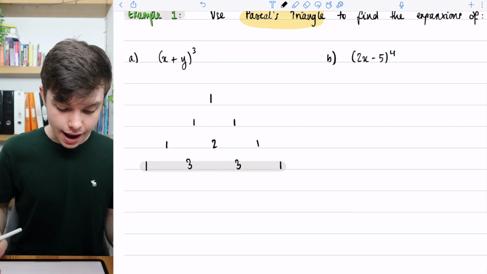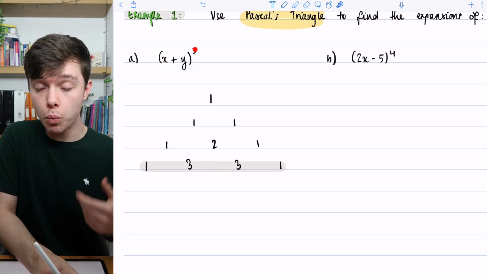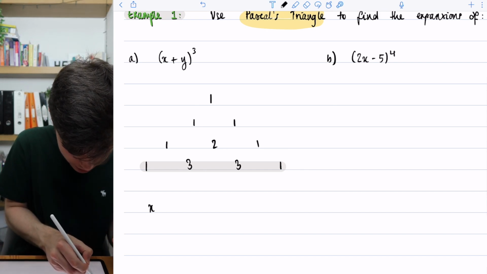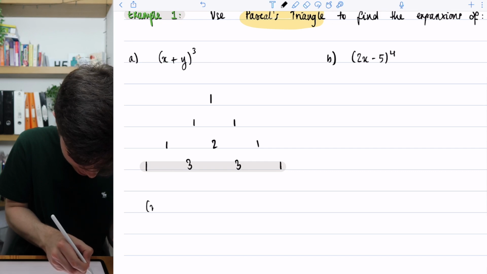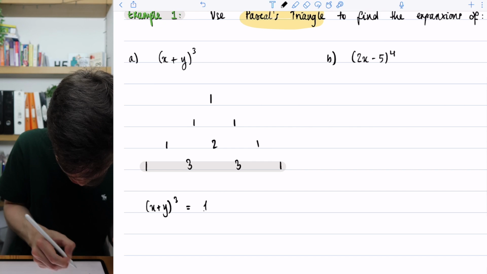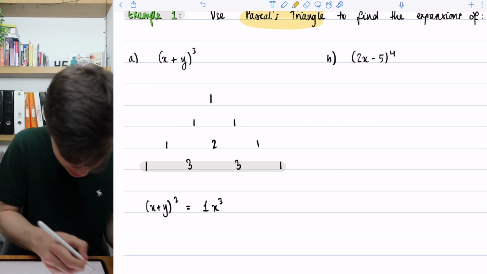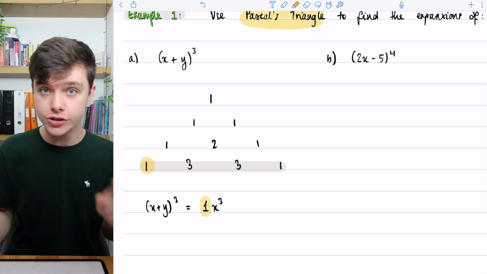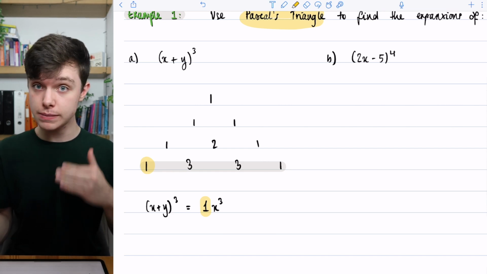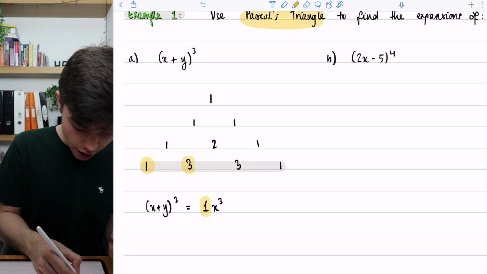So we always start with this term here to the power of what the bracket is. So it's x cubed, okay? And in fact, I'll write it like this, x plus y cubed. And it's actually going to be 1x cubed because that 1 there is the first coefficient in my expansion. The second coefficient is going to be the second number in the row of Pascal's triangle, which is a 3.